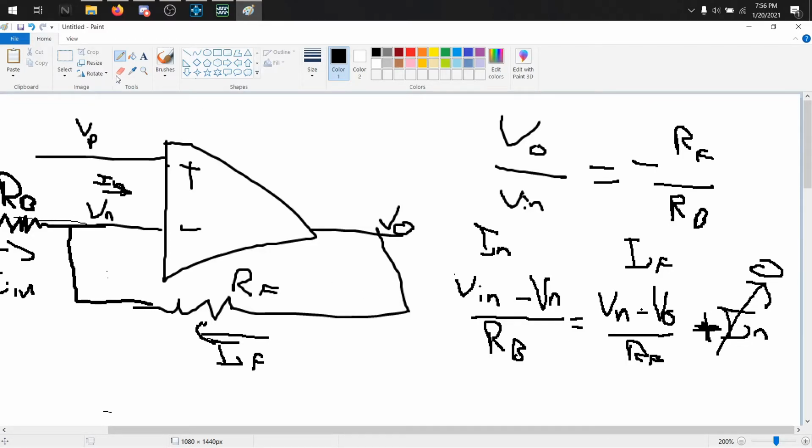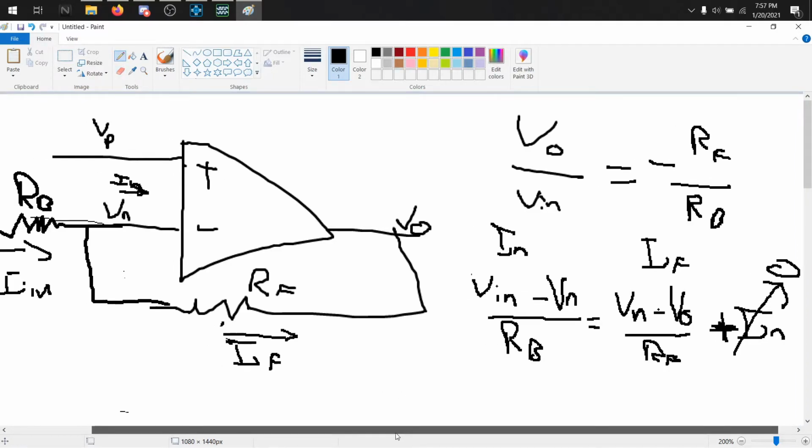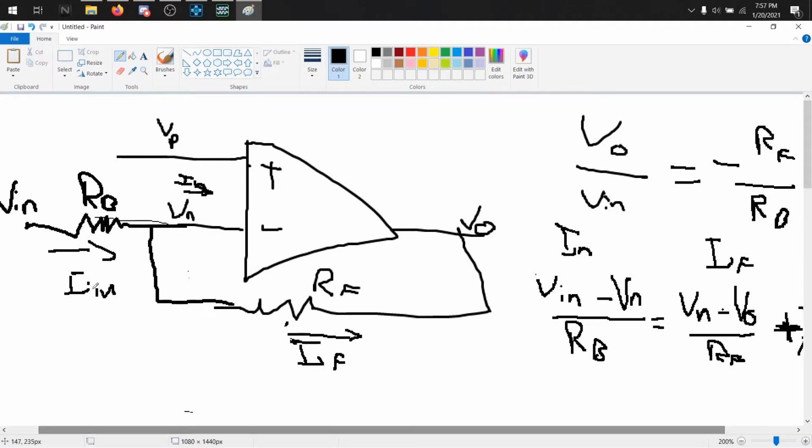This current goes in and these two currents go out. It's all how you label your currents. Make sure you don't do what I just did.